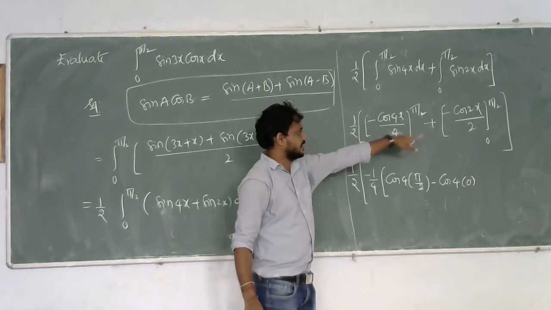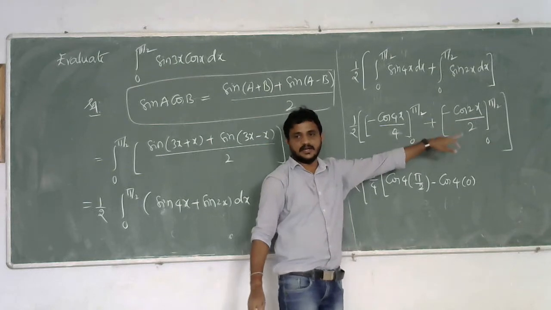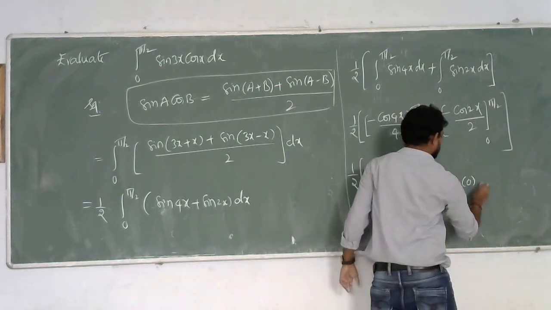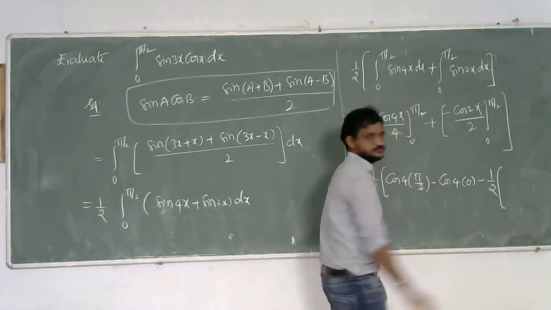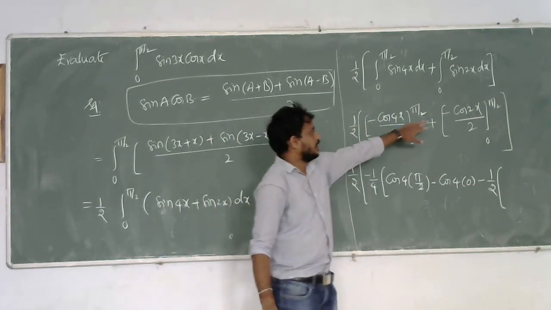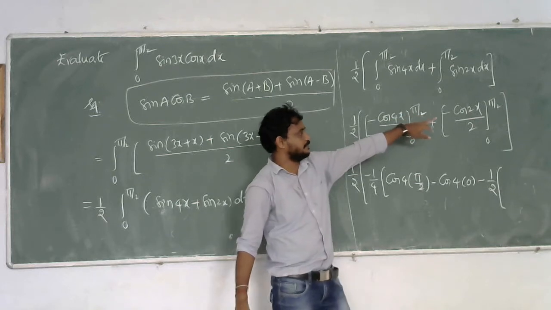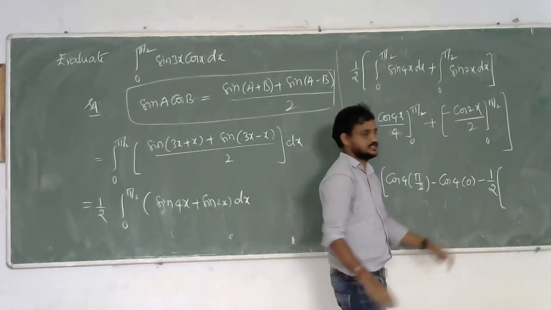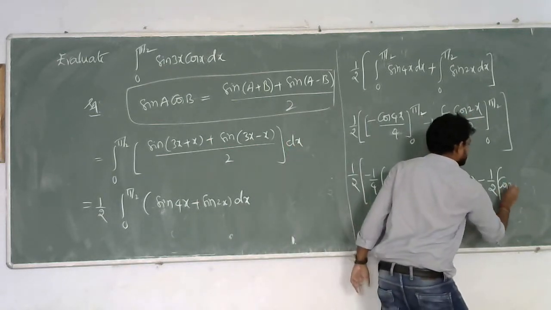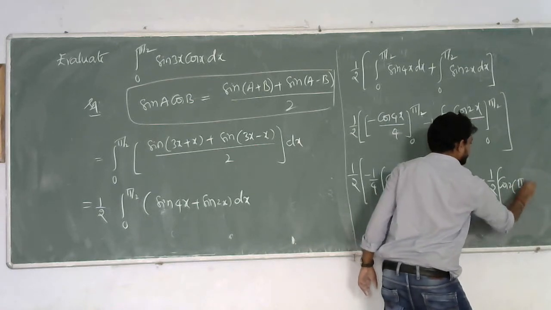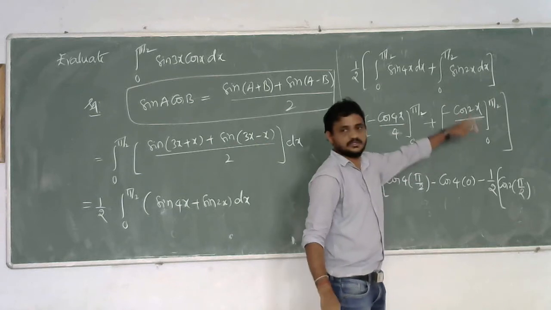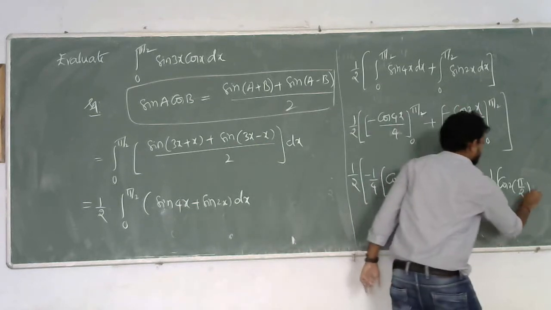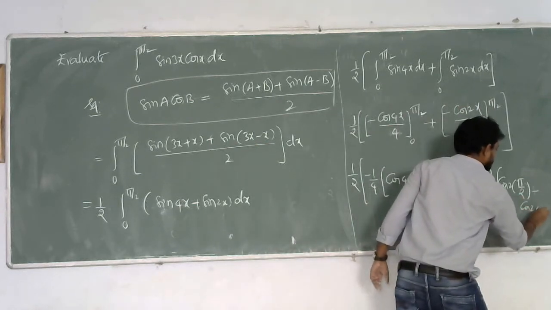Next, the second term: write minus 1 by 2 outside. Then apply the upper limit pi by 2 in place of x, so you get cos 2 into pi by 2 minus cos 2 into 0.